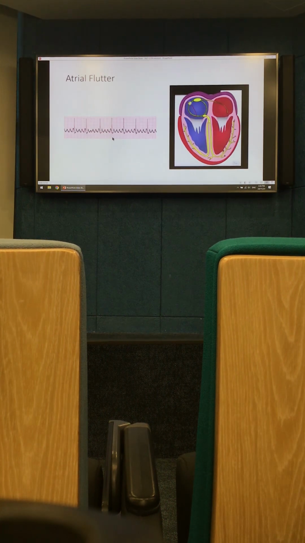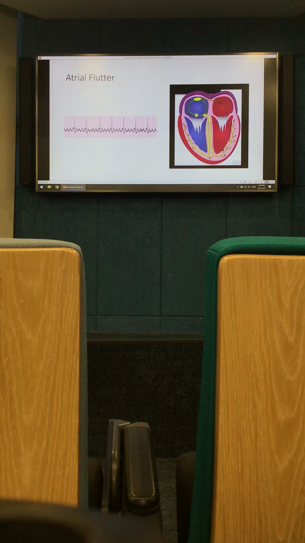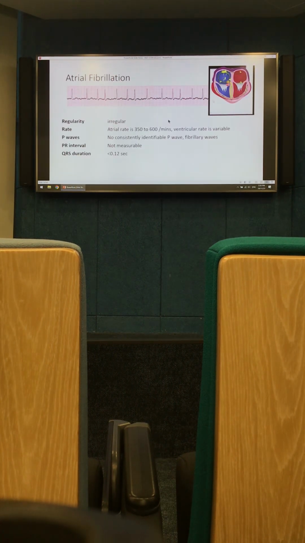So make sure you understand the characteristics of atrial flutter. What is atrial flutter? Probably your patient has a recurrent circuit within the atrium, and your patient has a flutter rate. And for a patient with AF, probably your patient will have multiple foci within the atrium.